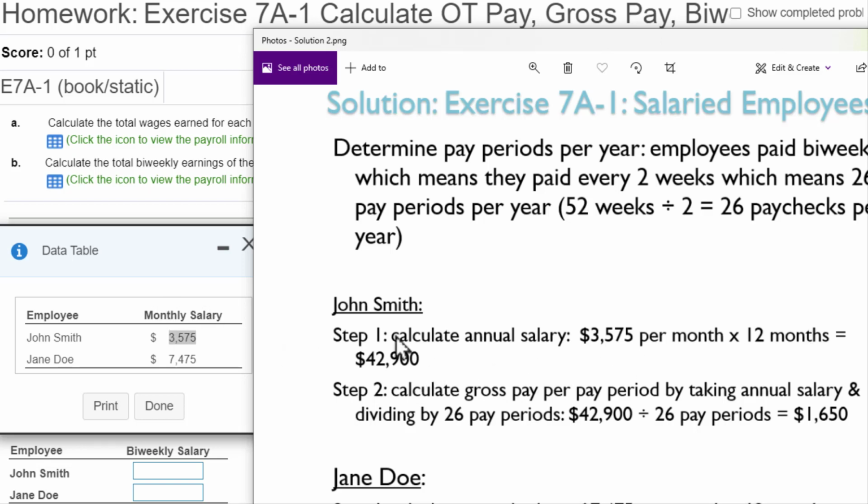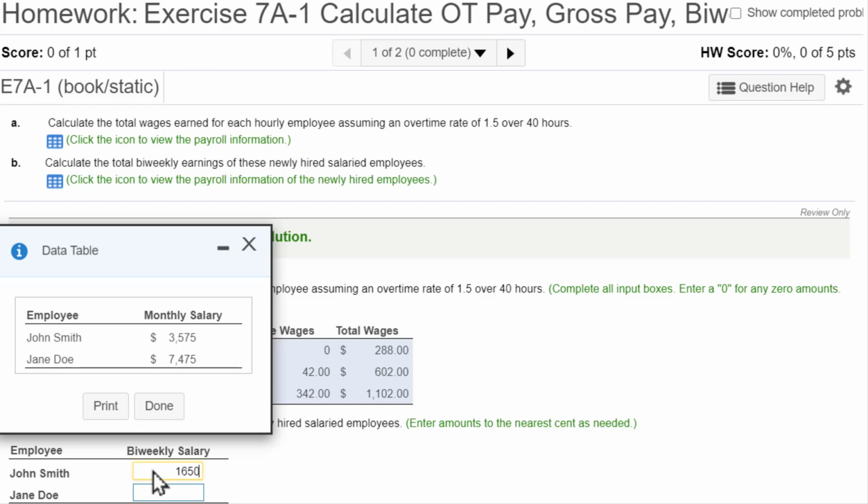Times 12 months gives him $42,900 per year. To determine his bi-weekly earnings, we divide that by the number of pay periods in a year, which we discovered up here is 26. So 42,900 divided by 26 gives us $1,650 of salary per biweekly pay period. So his is $1,650.